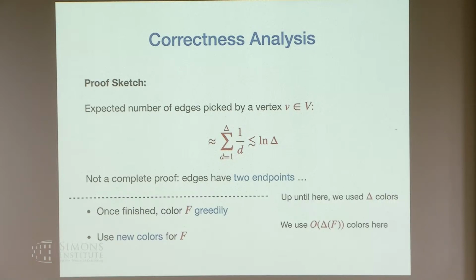The degree of vertices remains order log n, basically, regardless of whether they've been unmatched or someone else picked an edge to them. So it means that at the end, this set F has maximum degree order log n with high probability. Which means that when you were doing the coloring in the final step, you only use order log n extra colors, which is going to give you delta plus log n colors.